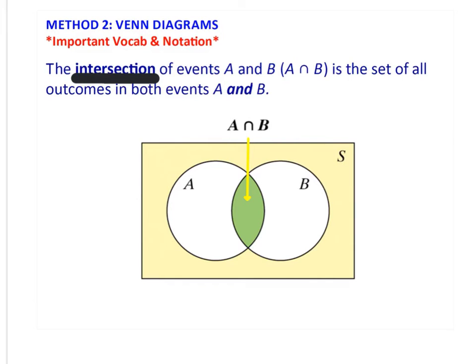If we talk about the intersection of two events, the intersection is the and. So the intersection of events A and B, and this symbol means and, means that both A and B occur. So that would be this overlap like we just talked about, but I notate it with that little kind of N without the tail to it. So that's my intersection vocab.